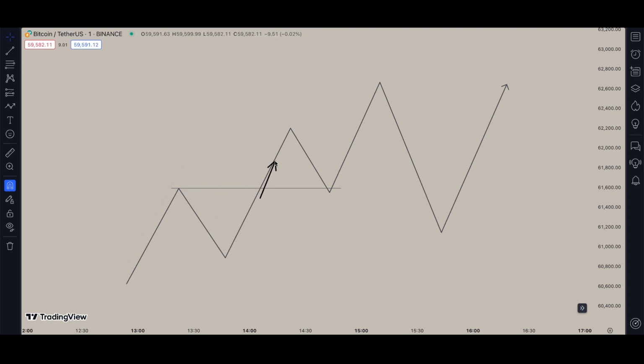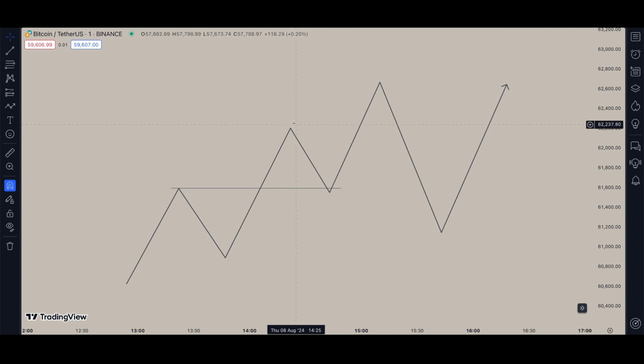Once price has broken above this high, now we're going to wait for the price to retrace back into or below this level. So the same level that we marked, which price broke, which is the previous high, we're going to wait for the price to retrace back into that level.